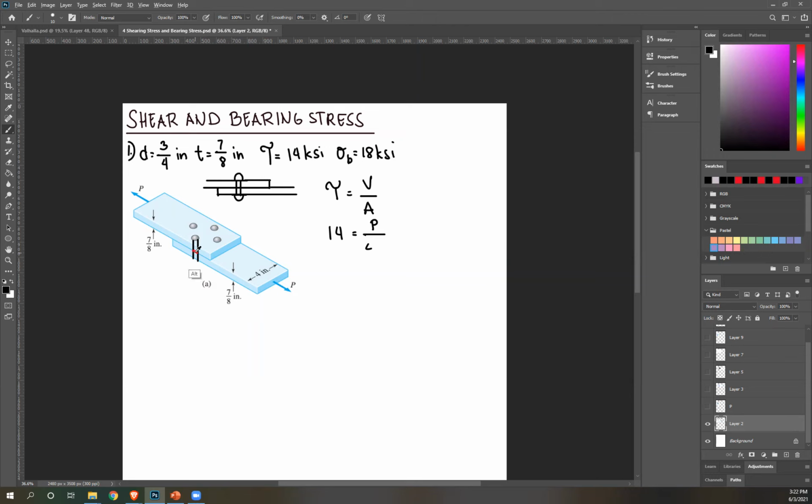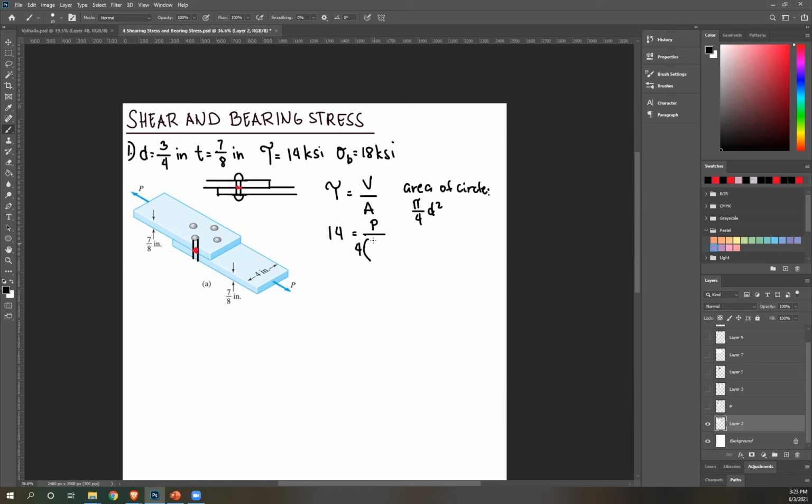Once again, this is your shear stress area experiencing shear stress. And that area is a circle, right? If you look at this in 3D, that area is a circle. So this is 4 times the area of a circle, which is pi over 4 d squared. Pi over 4 d squared or pi r squared. We're given diameter, so we're using pi over 4 d squared.